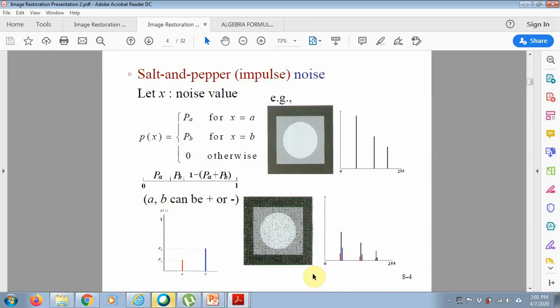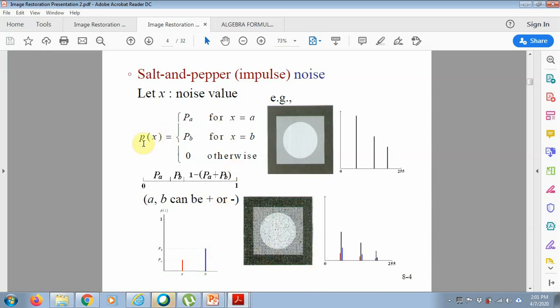Then you have salt and pepper noise. We have already studied in image enhancement how to remove salt and pepper noise using low pass median filtering. So you can add this salt and pepper noise.